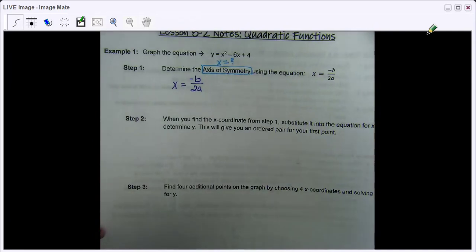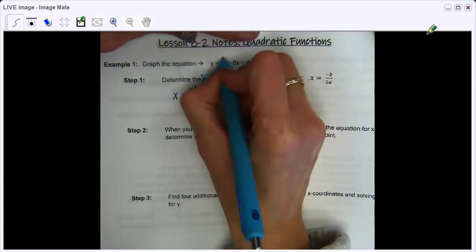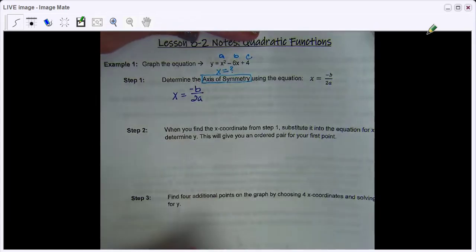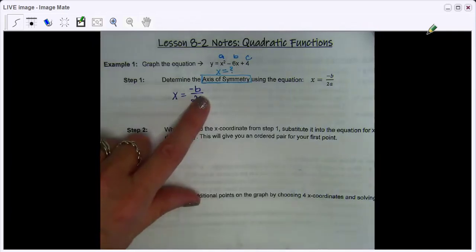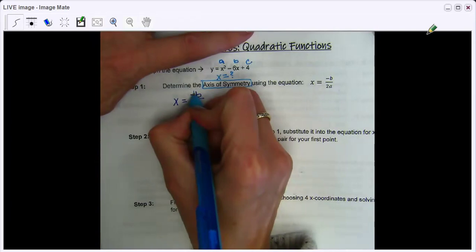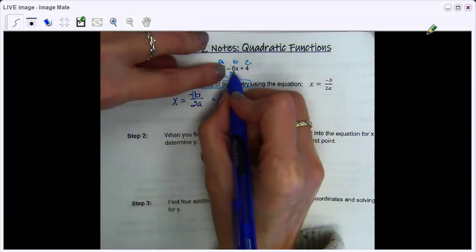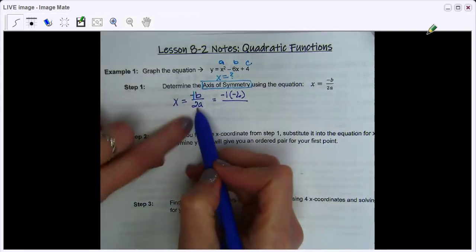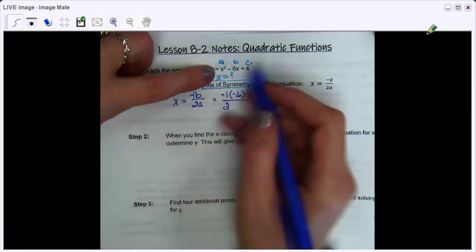Up here, this is A, this is B, this is C. So this is asking for -b, which is actually -1b. So I'm going to take -1 times my b, which is -6, over 2, which is in my formula, times a, and a is 1.